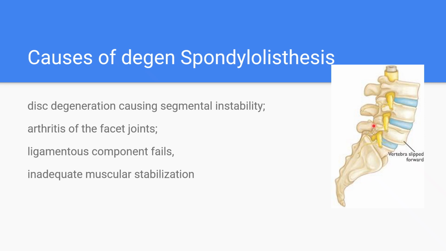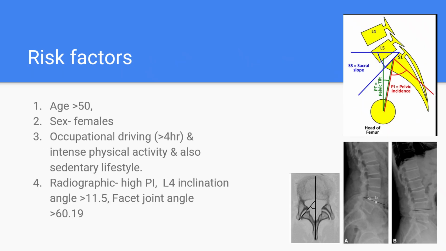Third is the ligaments which are present behind in the spine, basically the interspinous ligament, the PLL, the ALL, that component fails. And lastly, the paraspinal muscles fail and they provide inadequate stabilization, causing degenerative spondylolisthesis.